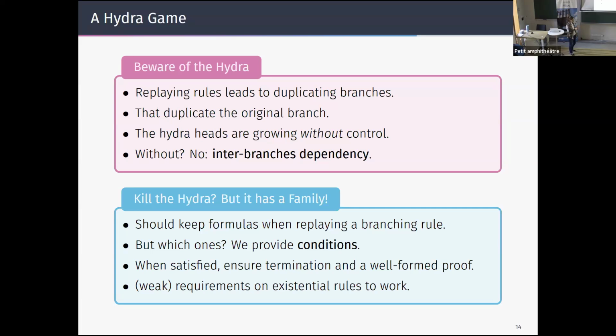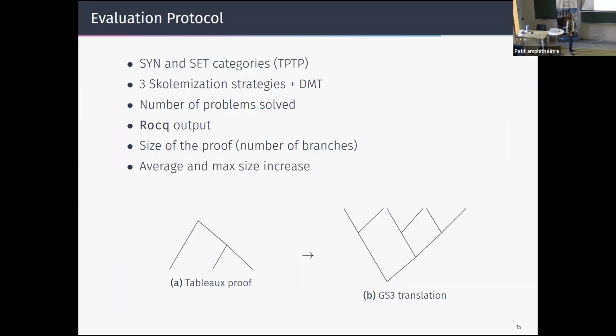So we designed this framework, and we implemented it, and we instantiated it in Goéland with two advanced deskolemization strategies, so delta plus and delta plus plus, and the original one. So we implemented the corresponding deskolemization strategies.